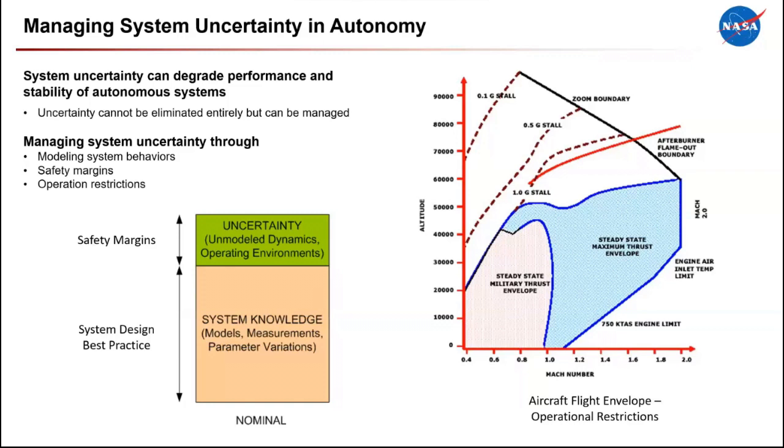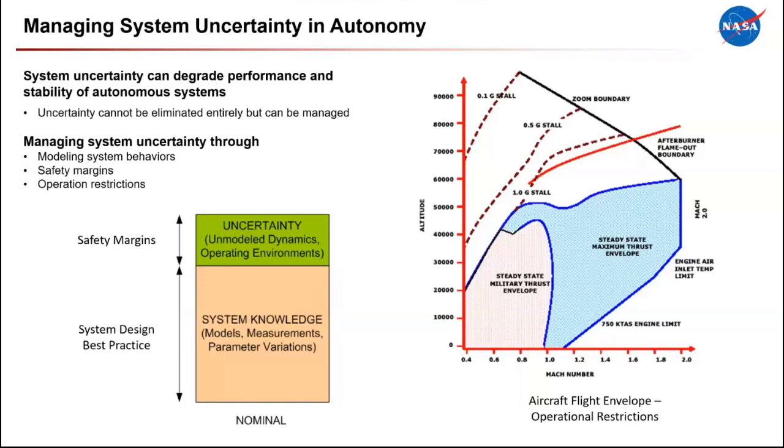System uncertainty can degrade the performance and stability of an autonomous system. Uncertainties are things that we don't know about the system, the unknowns. We may do the best of our ability to capture that through system modeling, but we can never eliminate system uncertainty. It's always present. However, we can manage it.